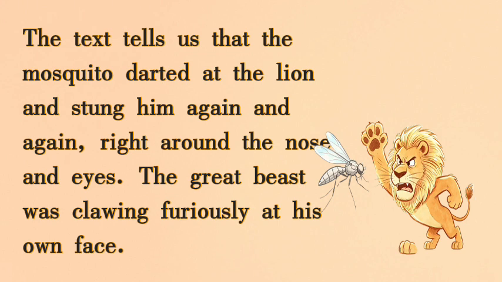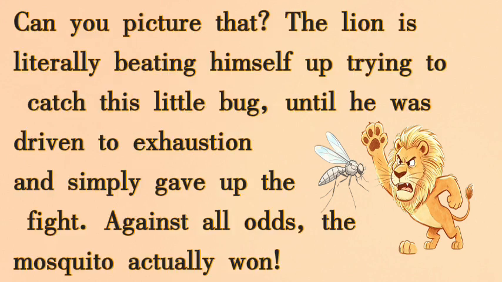The great beast was clawing furiously at his own face. Can you picture that? The lion is literally beating himself up trying to catch this little bug until he was driven to exhaustion and simply gave up the fight. Against all odds, the mosquito actually won.